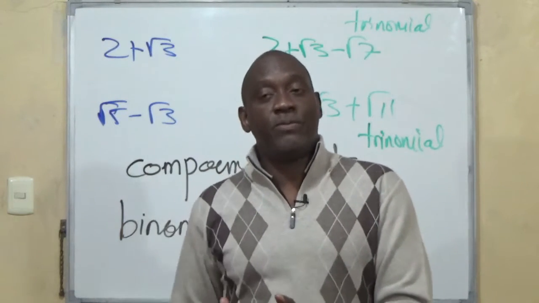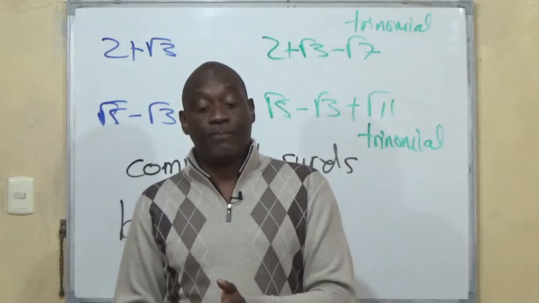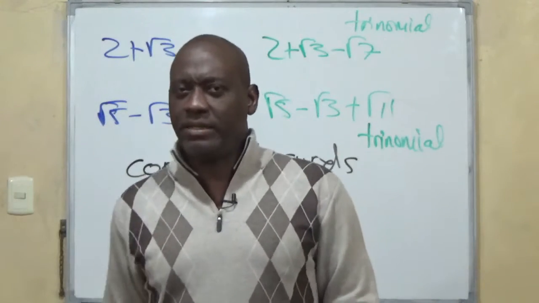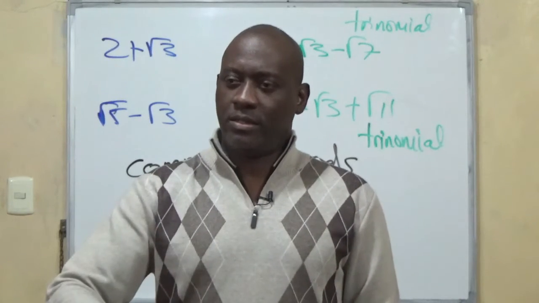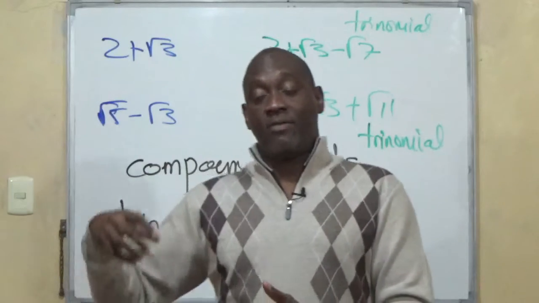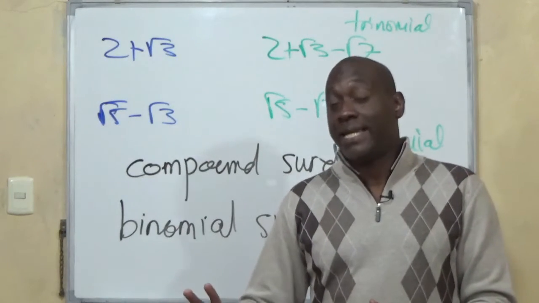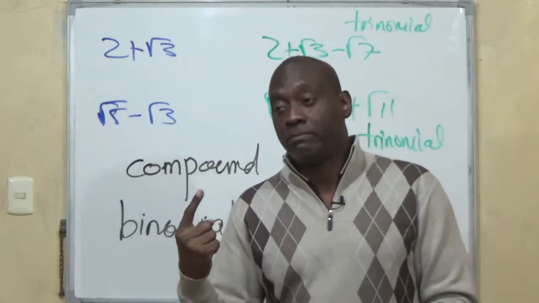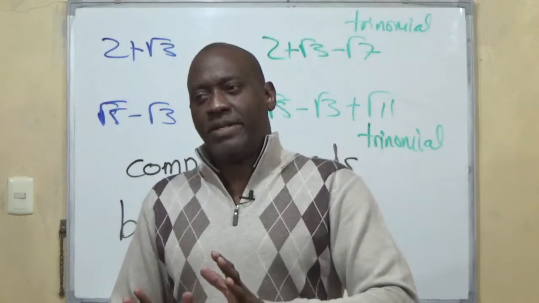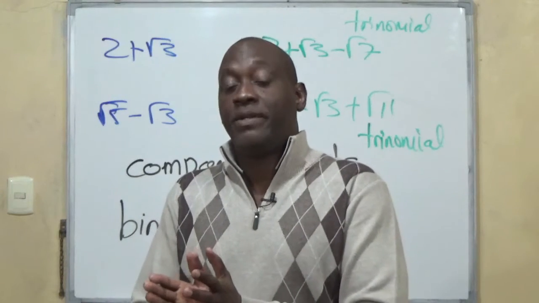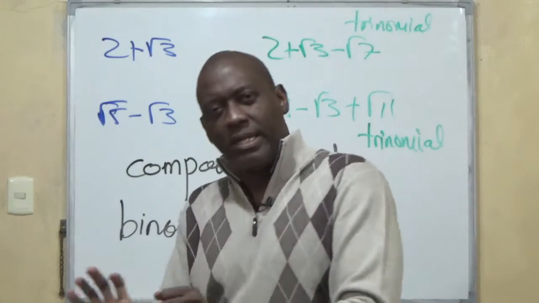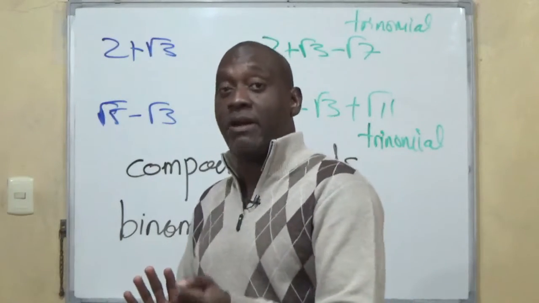In the previous video where we rationalized the denominator, you did something to the whole fraction so that in the denominator you move from a surd to a rational number. Over here now, you have a compound surd, a binomial surd, and again, the idea is the same. You apply a different set of variables, but the fundamental idea is the same, in that you're moving towards a rational outcome, so to speak, a rational number.